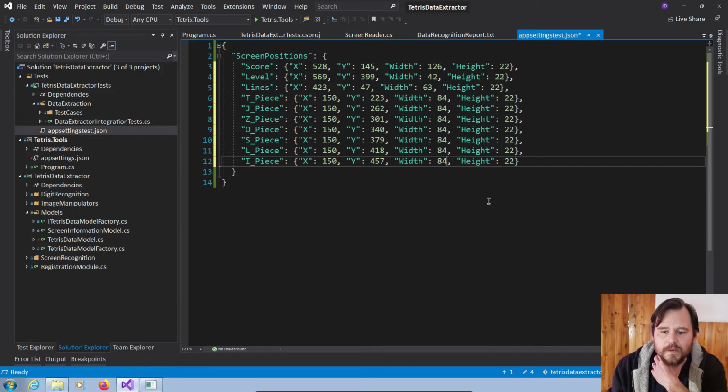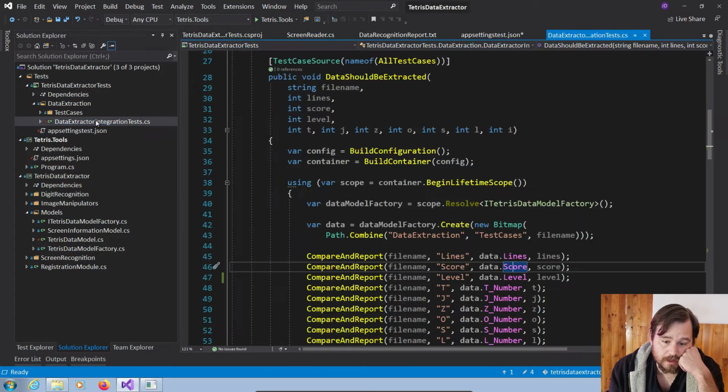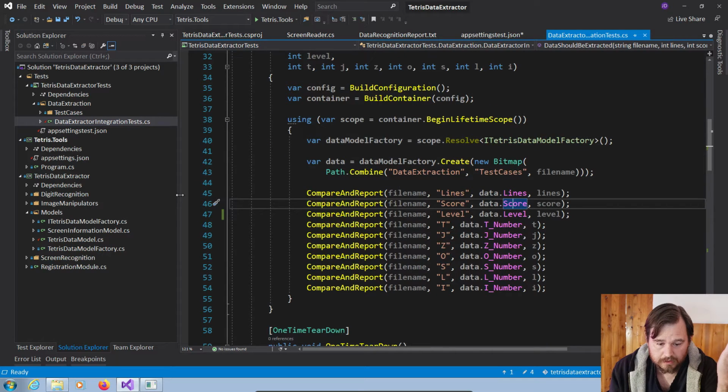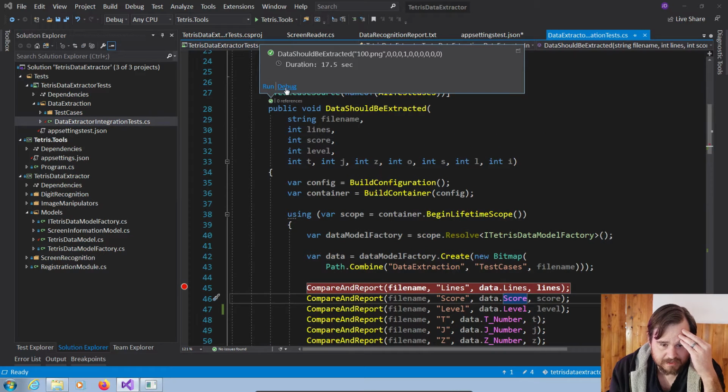Okay, and the heights are still 22. So this is now based on a 21 by 22 character size. It makes sense that everything was bonked, because I had all of my settings wrong.